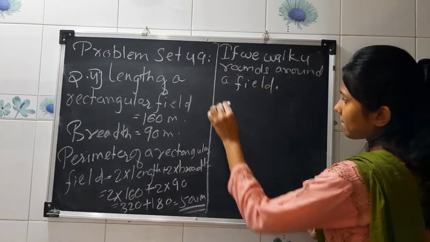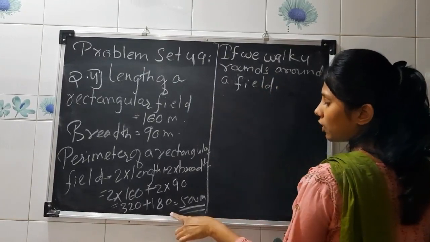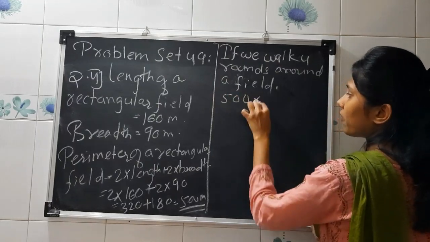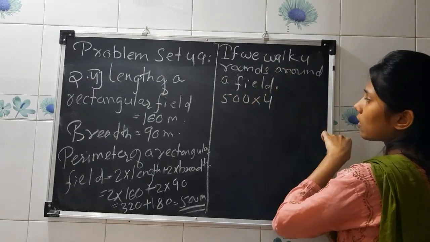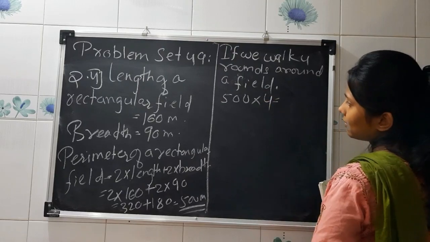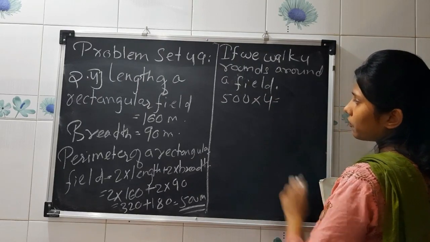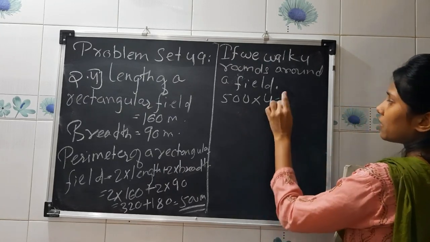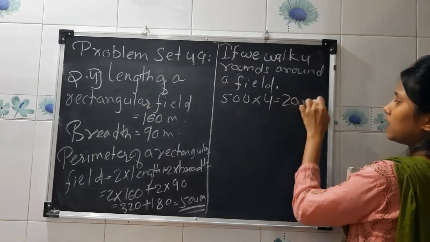So we got perimeter 500 meters. So 500 into 4 rounds around that 500 meter of perimeter of field. So 500 into 4, 2000 meters.